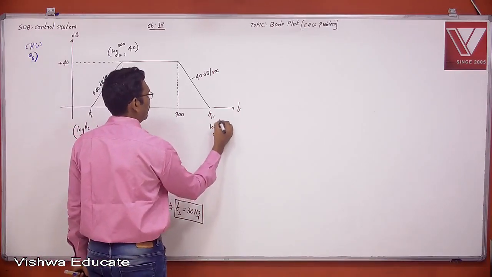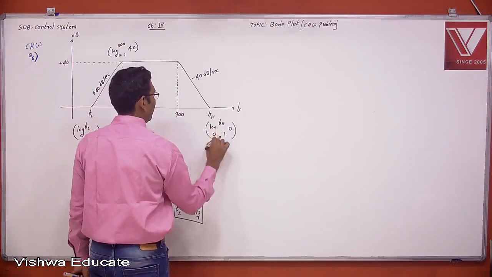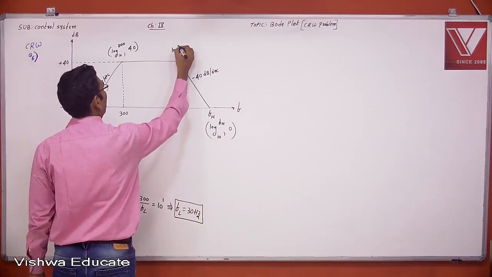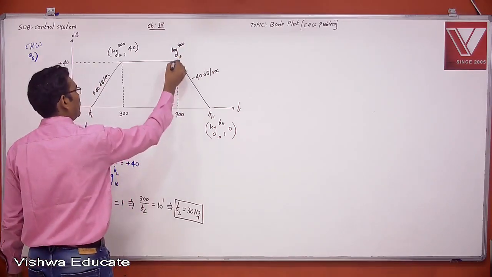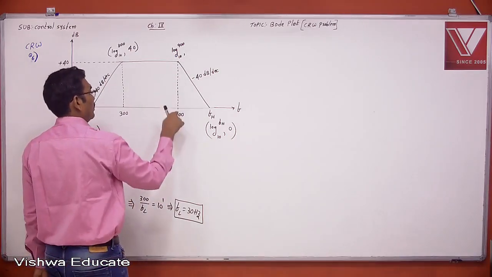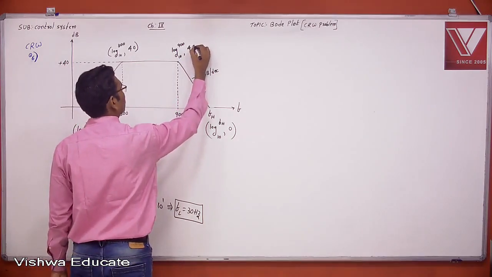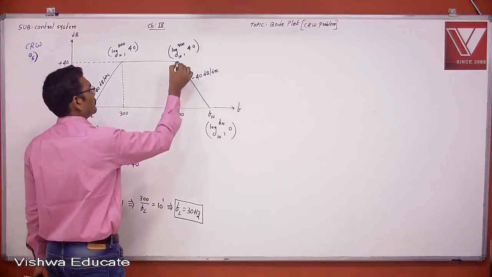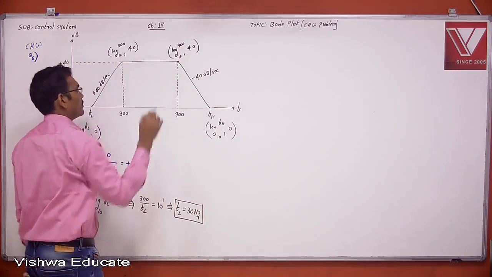Log FH comma 0, this is X comma Y. Here, X is log 900 base 10 and Y is 40. This is the point where X is logarithmic, and this is the point where Y is 40.